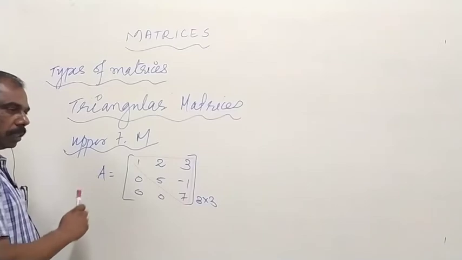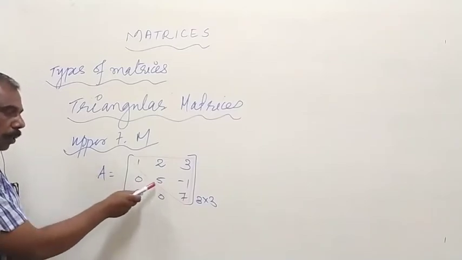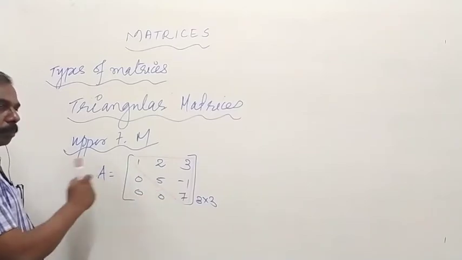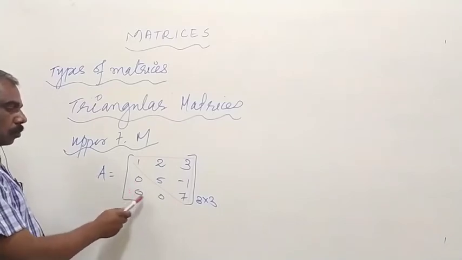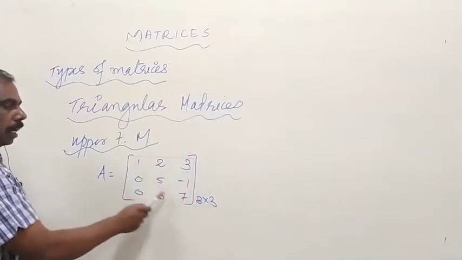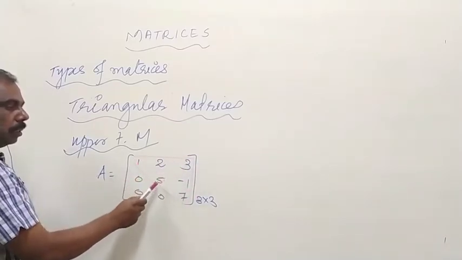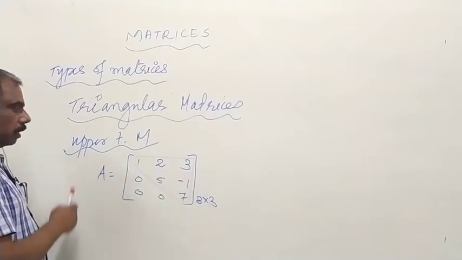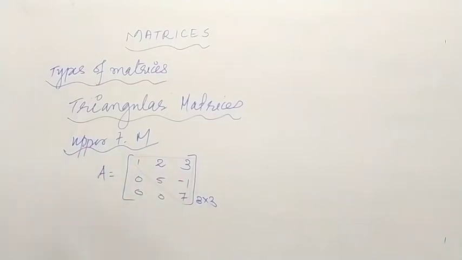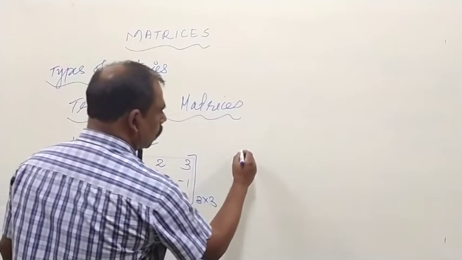In this particular example, all the elements below the principal diagonal are equal to 0. So, we get a triangular form 1, 2, 3, 5, minus 1, 7. That is known as an upper triangular matrix.